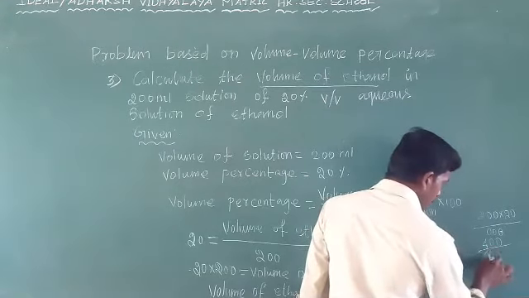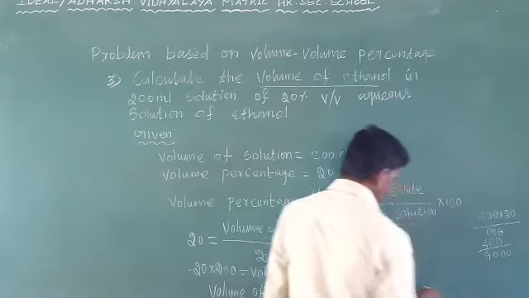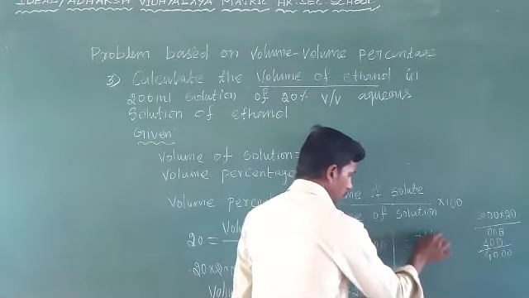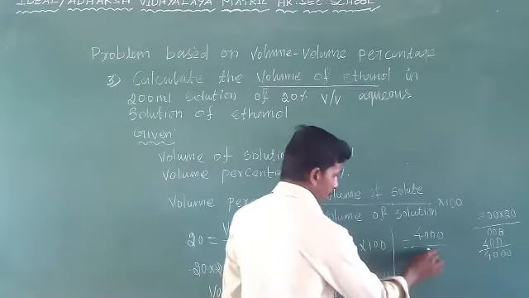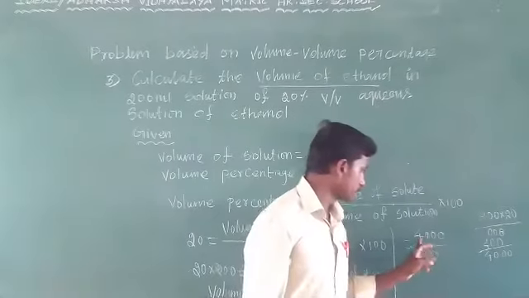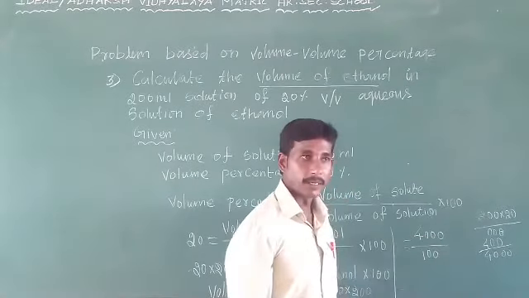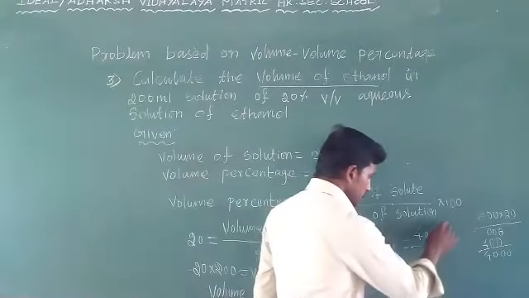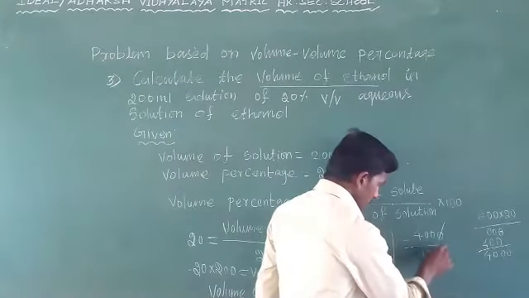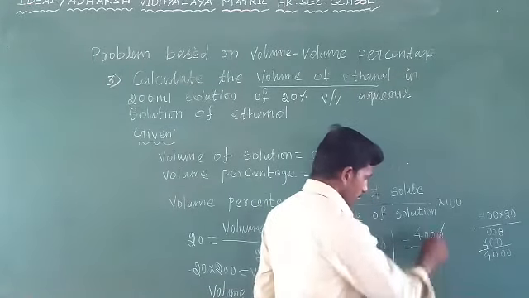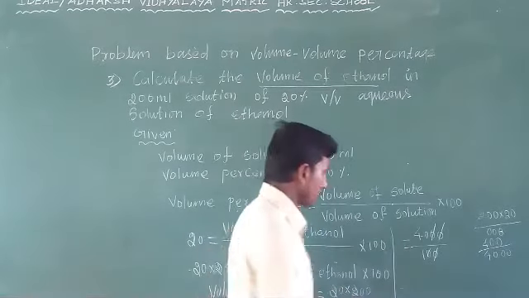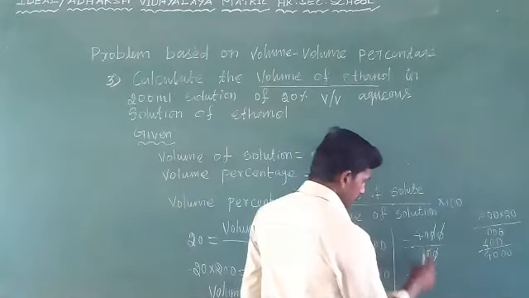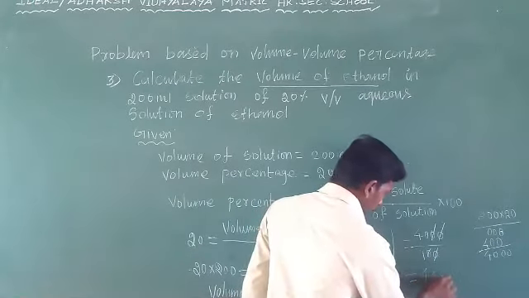So we get 4000 divided by 100. To simplify this, cancel the two zeros, and hence we get 40 ml.